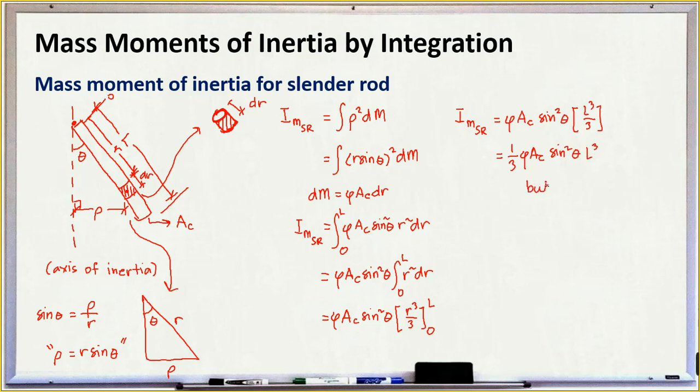Take note, we go back to the fact that the mass of the rod is equal to its density times the cross-sectional area and its entire length.